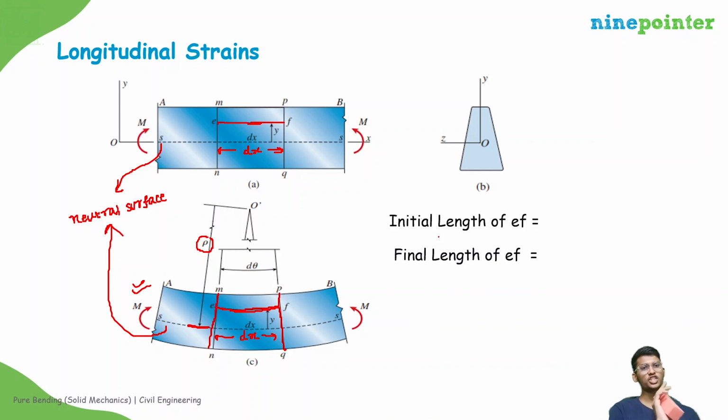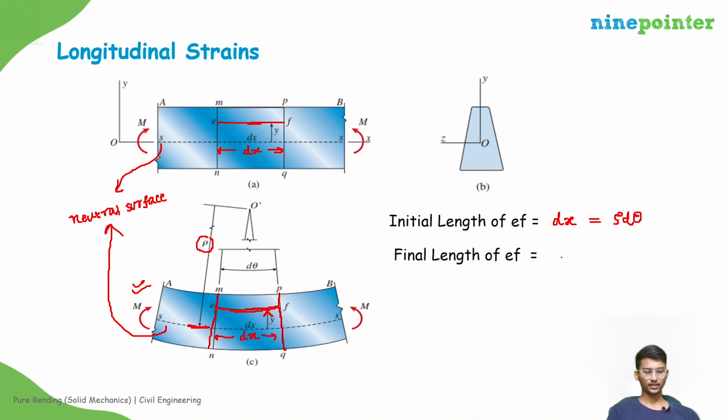So what is the initial length EF? The initial length EF is dx. What is the final length? The initial length dx is equal to rho into d theta, because this distance is rho and its subtended angle is d theta.